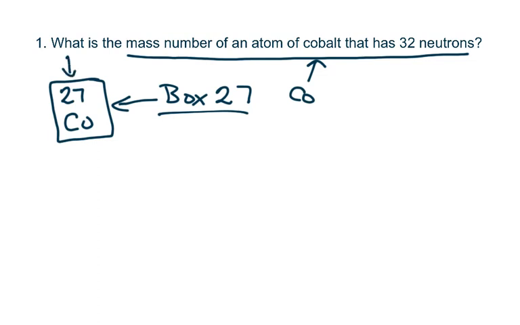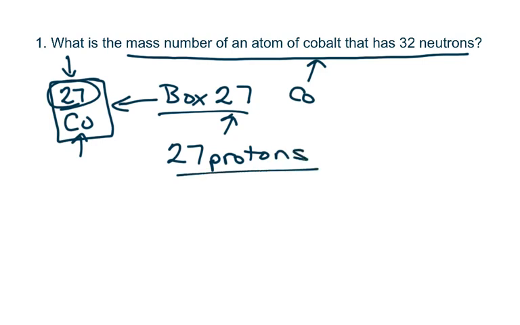Box number 27, we'll say on the top, will have the element that has that symbol, which in this case is cobalt. It means it has 27 protons. So 27 protons defines two things. It defines which box number you go in, and it defines what your symbol is, your chemical symbol.